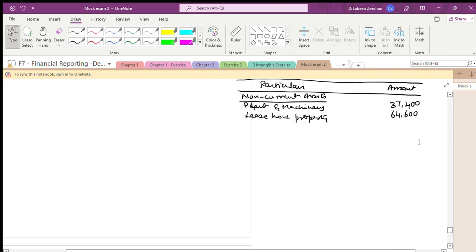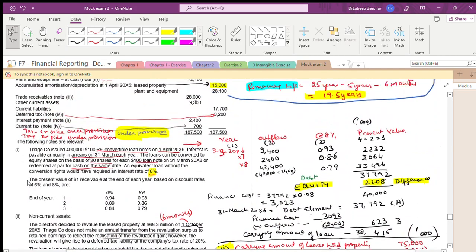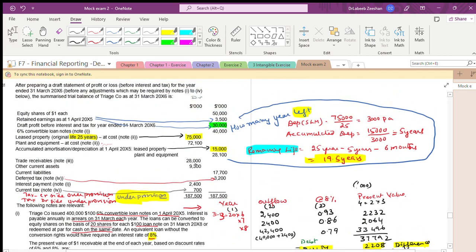Fine. Next, apart from that, what is there? We have taken leasehold properties over, plant and machinery is over, accumulated. You have trade receivables 28,000, other current assets 9,300.